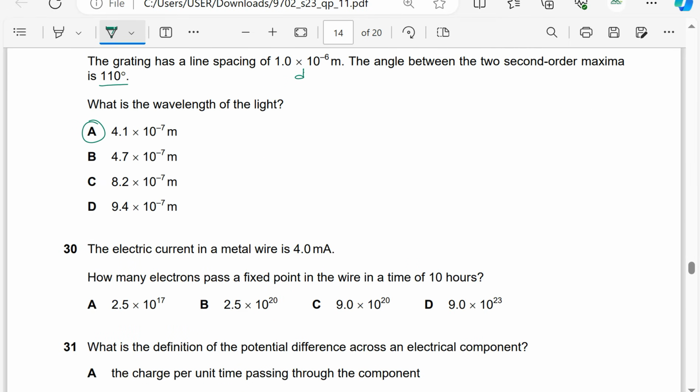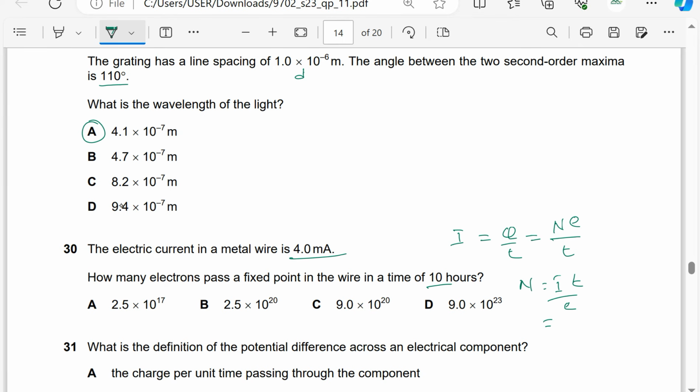The electric current in a metal wire is 4 milliamperes. How many electrons pass a fixed point in the wire in a time of 10 hours? So we know that current is the rate of flow of charge carriers, that is charge over time, where charge is the number of electrons times the charge of each electron, divided by time. So we want N. It means N is going to be I times t divided by e.